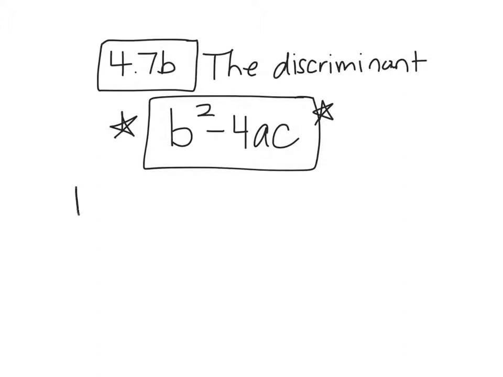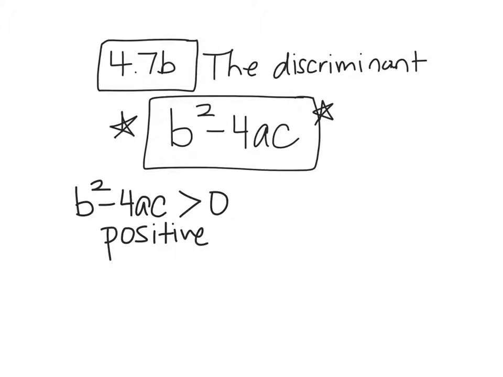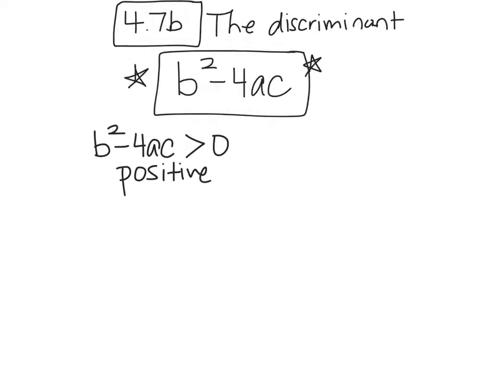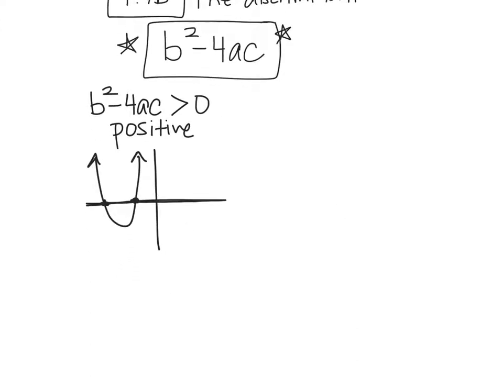So there are three options here that b squared minus 4ac can be. If b squared minus 4ac is a positive number, then you're going to get plus or minus the square root of a positive number. You'll get two answers, two real solutions. Your graph will have 2 points of intersection, 2 x-intercepts, or points of intersection with the line y equals 0.